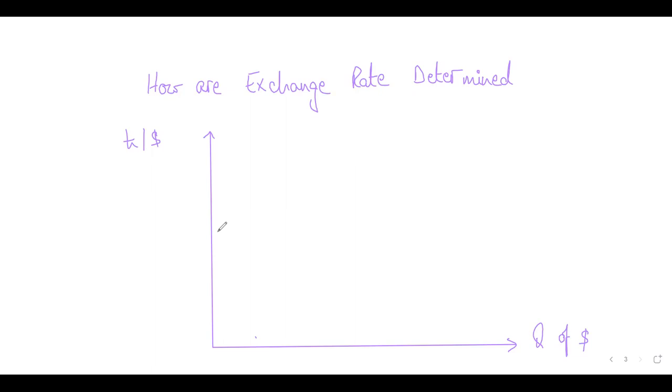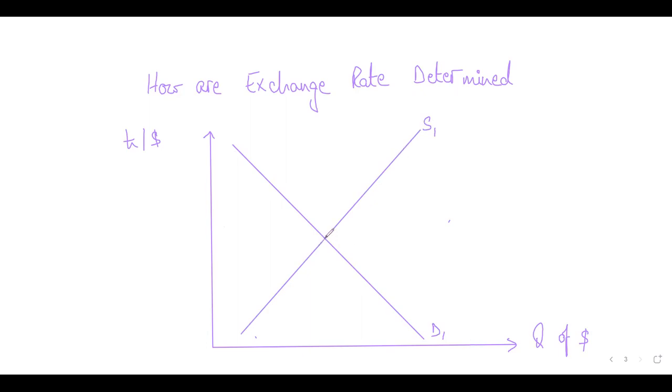Okay. Now think about this. What do we need to add to this graph? So let's say we're looking at pound per dollar. How many pounds can each dollar buy? And we have quantity of dollars on the x-axis. So you will have demand and supply of dollars on this graph, right? So downward sloping is the demand for dollars, upward sloping is the supply of dollars.